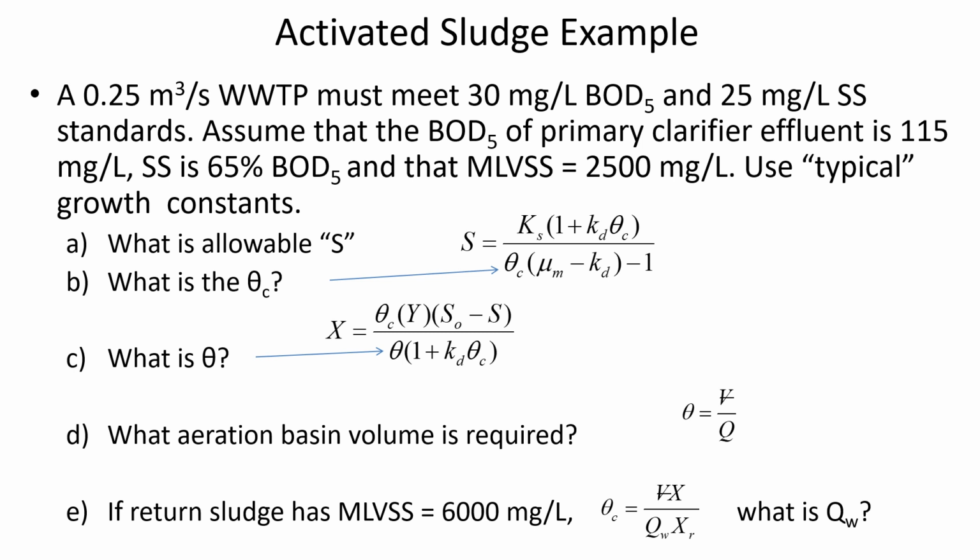All right. So first of all, on this question of what's the allowable S, the water that comes out of the secondary clarifier has two things in it. It's got BOD and suspended solids. By BOD, I mean dissolved BOD.